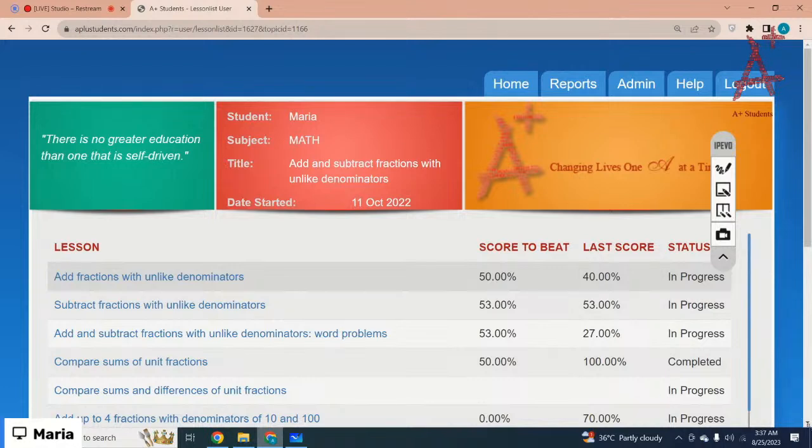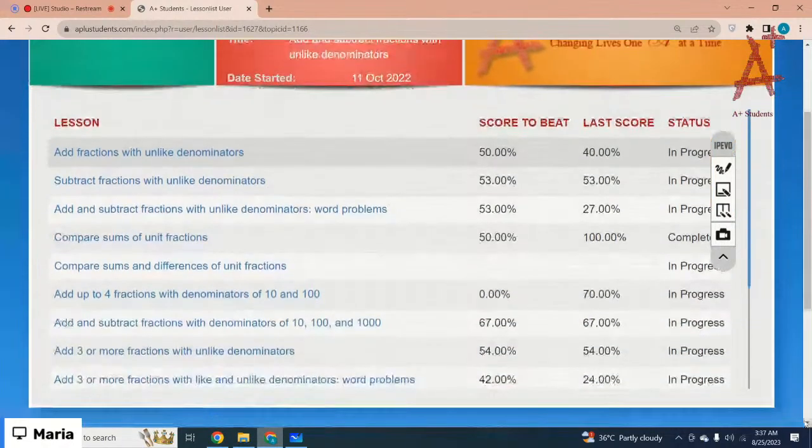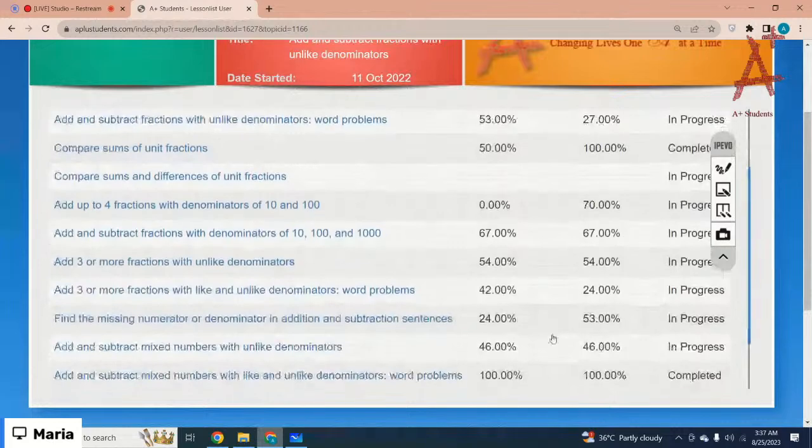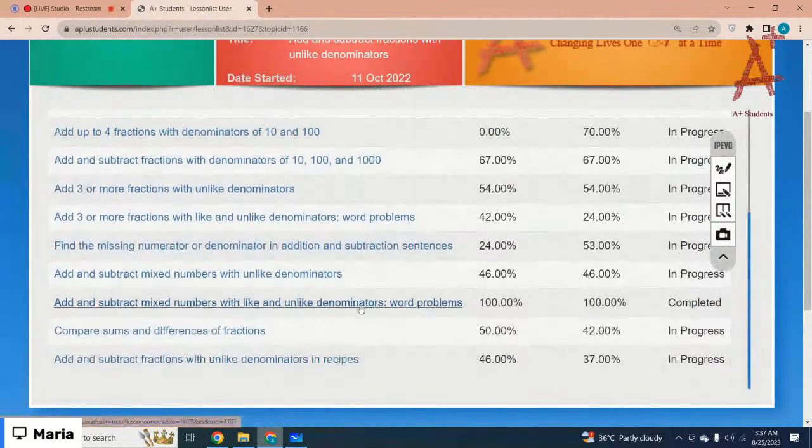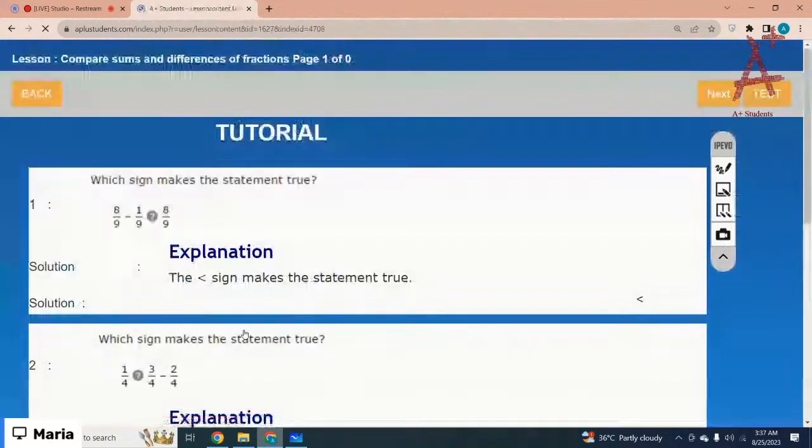The next lesson is find the missing, compare sums and differences of fractions.